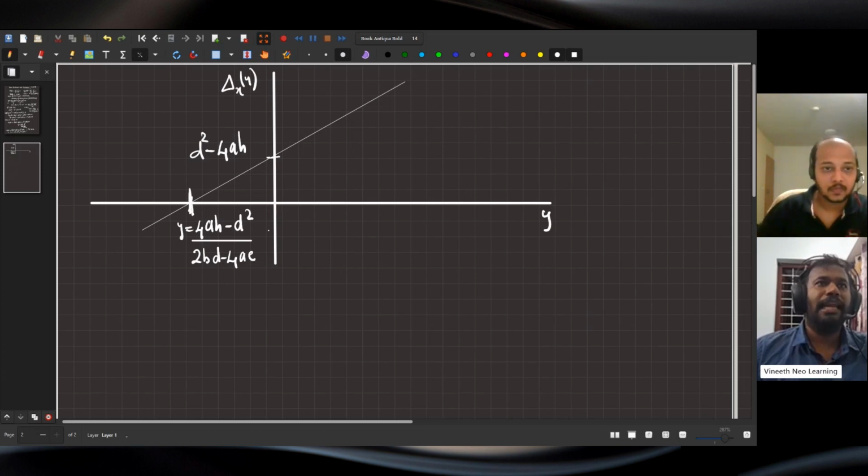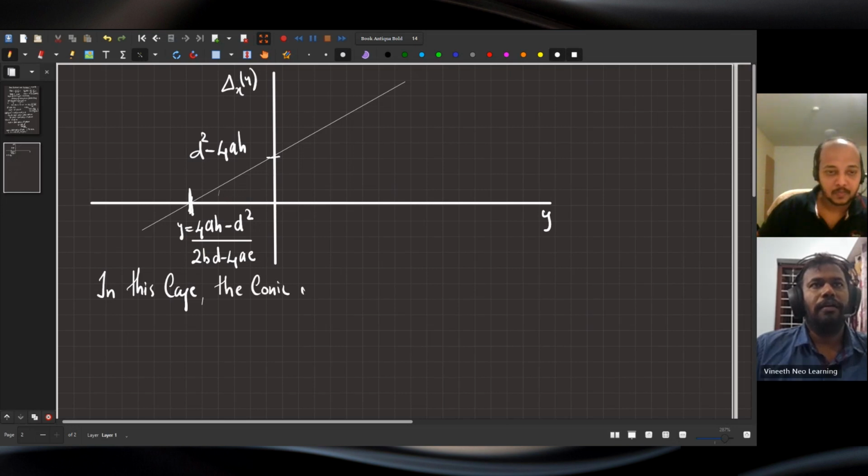When y is greater than this number, meaning from this point onwards, we get delta x of y greater than 0, and that can be seen from the graph. If this is the condition, the conic section we get will be a parabola. That is the idea. In this case, the conic will be a parabola.